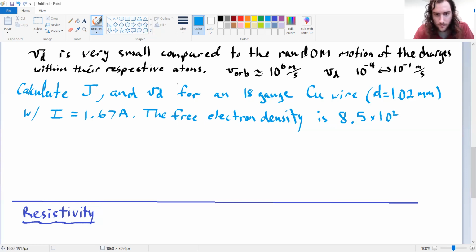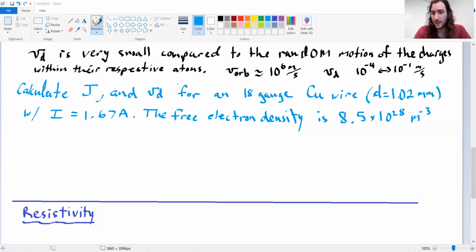If you're wondering what I'm writing at the moment, the free electron density is the number of electrons that are allowed to conduct electricity. These are electrons that are in the conduction band of the metal, and these are the ones that are allowed to freely move when you apply a potential difference to the wire.